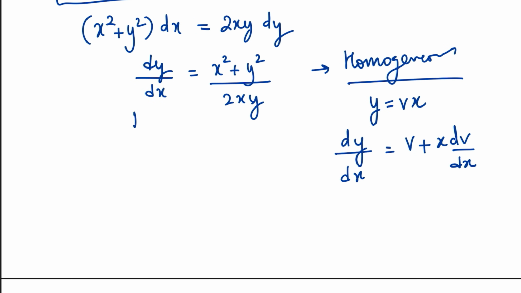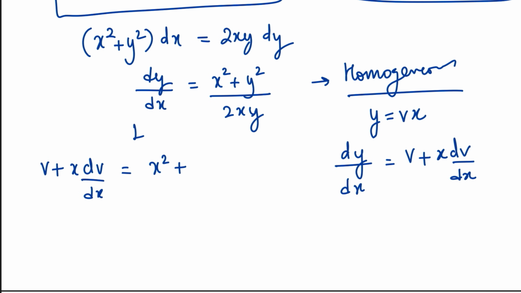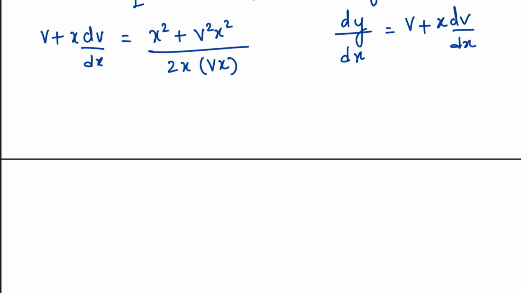Now the given equation becomes v plus x dv by dx equal to x square plus y square, y was vx, so we'll write v square x square, divided by 2 into x. Y is again vx, so v plus x dv by dx is equal to, see, x square and x square get cancelled.